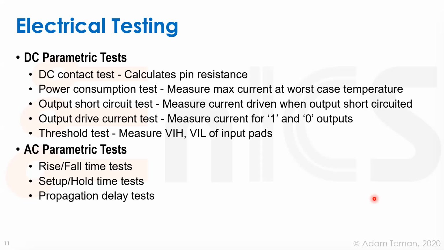The output drive current test measures the current that's driven when it drives a 1 and when it drives a 0. The threshold test measures the threshold voltages of the input pads to see if the chip knows that we're driving a 1 or a 0, and so forth. So those are generic DC tests for the IOs.